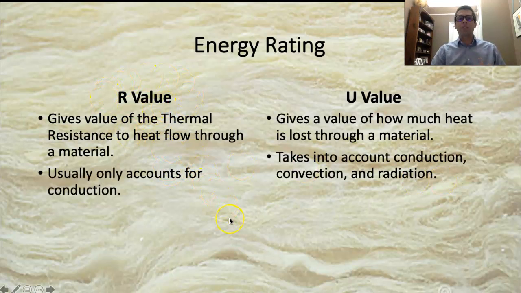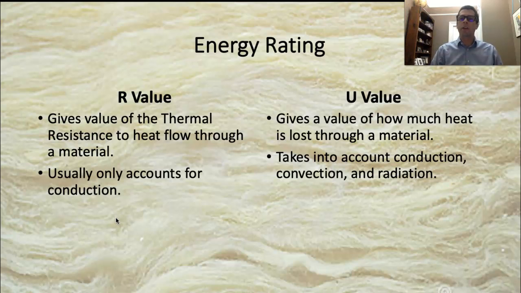This R value number is kind of misleading, because generally we're only getting a value for conductive heat loss. So that doesn't tell us anything if we have fiberglass insulation and there's air moving across it or blowing on it.